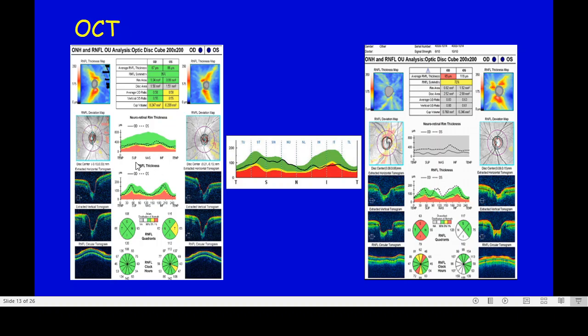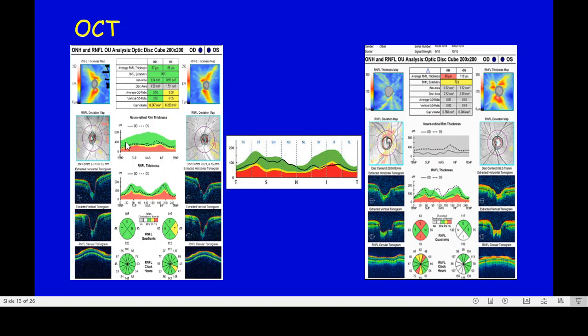And there are different plots over here, and it compares the findings of the patient with the normal population, and then gives out these maps.